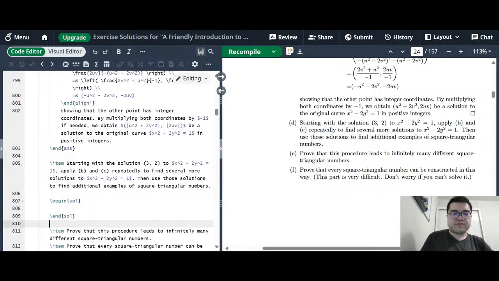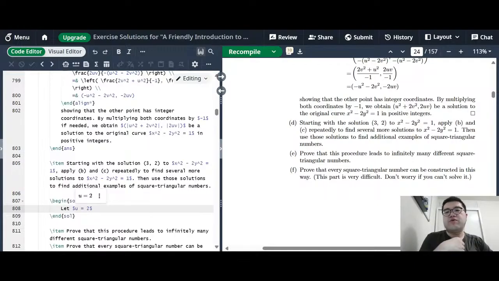In our solution, let u equal, let's say, 2. Well, we actually need to avoid something though. What we really don't want is u even.